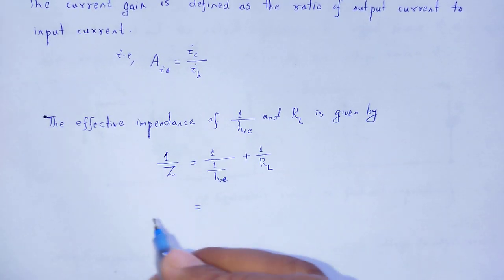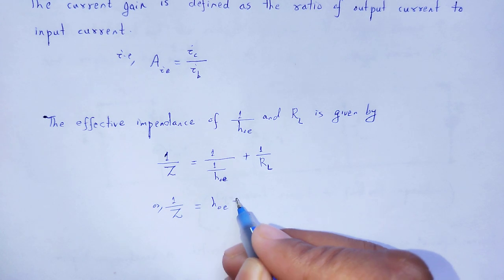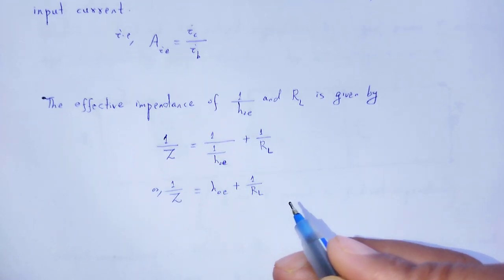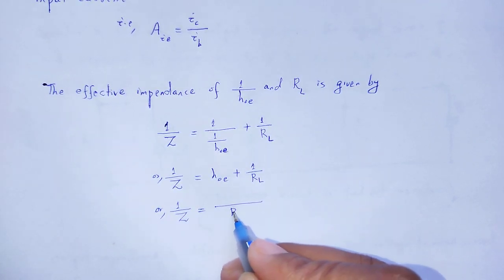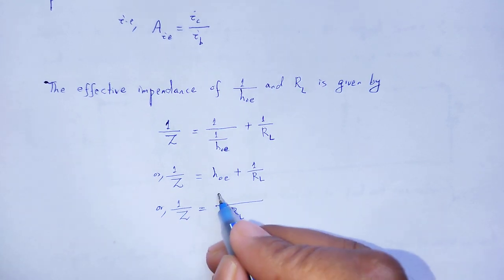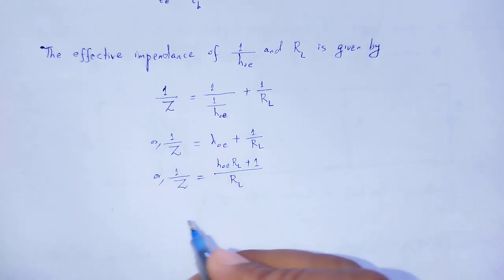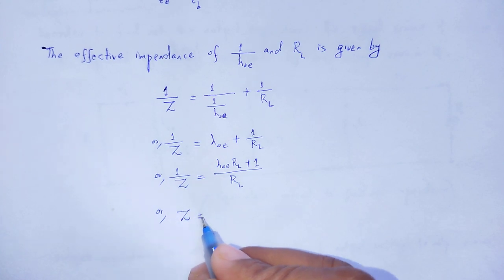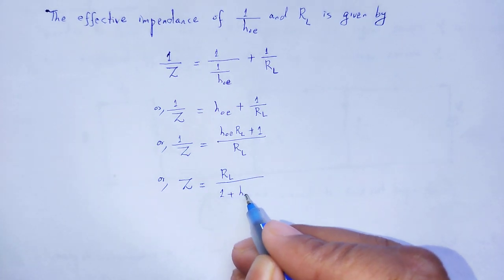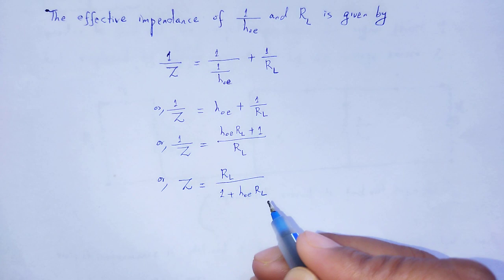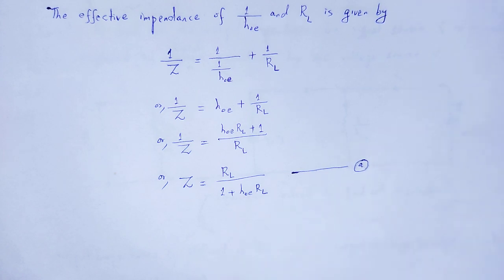So 1 by Z is equal to 1 by HOE plus 1 by RL, or taking LCM, 1 by Z is equal to HOE RL plus 1 over RL, or Z is equal to RL divided by 1 plus HOE RL. Equation small a.